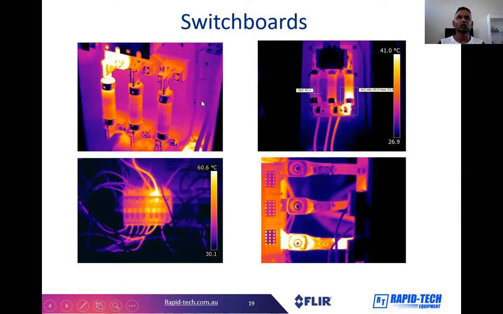These are some classic examples here, where you can see the connection of a fuse creating a hotspot. Again, it's a qualitative analysis we're looking at. We can see that one ceramic fuse is running a lot hotter than the others, so it's a comparison we're making.